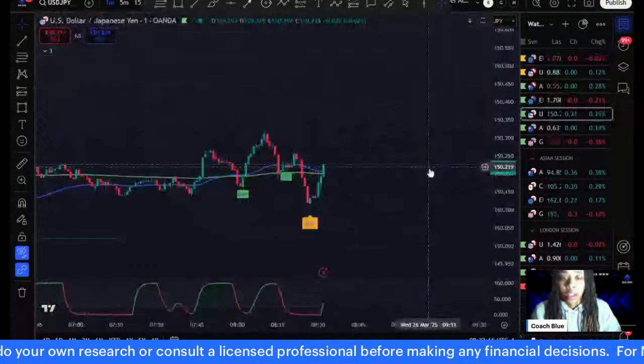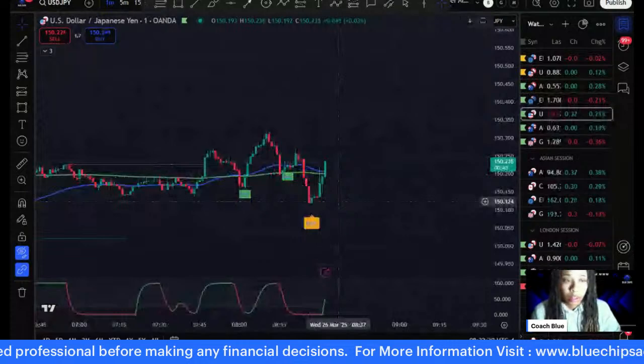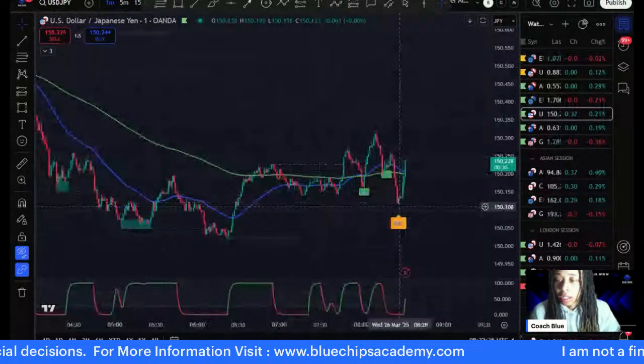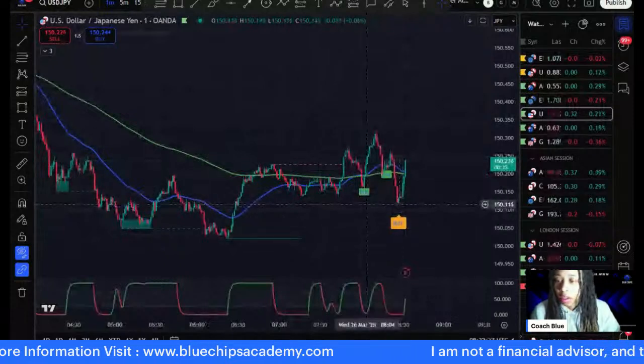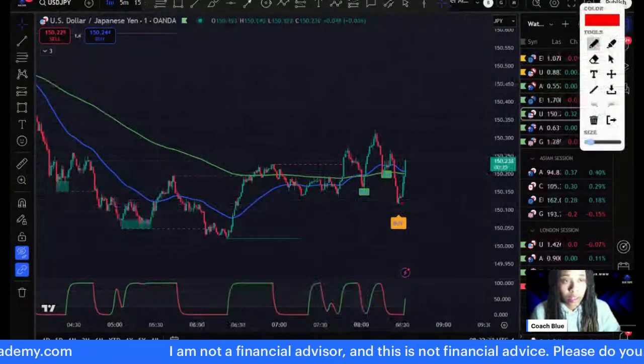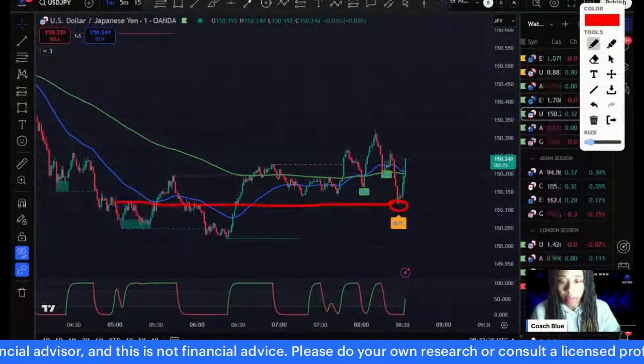USD JPY for a buy. For whatever reason, that one didn't come in, but we did get a buy here. I can't see any support on this one right here. Like if I go here and then I look to the left, there's no support here.